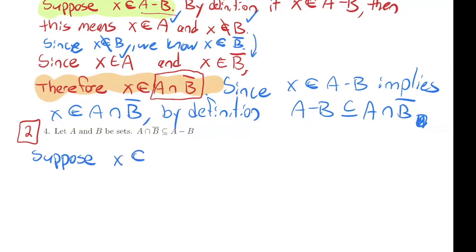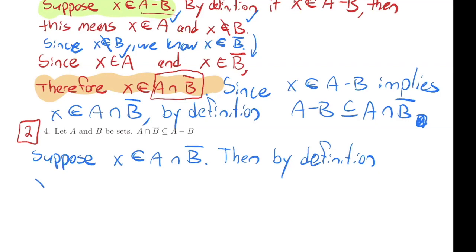We define that, meaning that X is included in all of A but not B. So for our X, X exists within the parts of A that are not also in B.